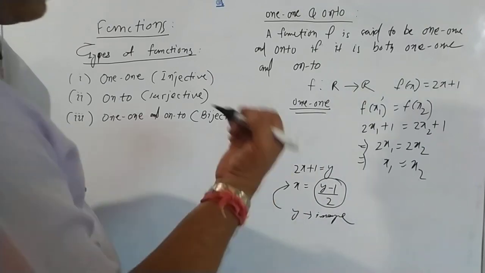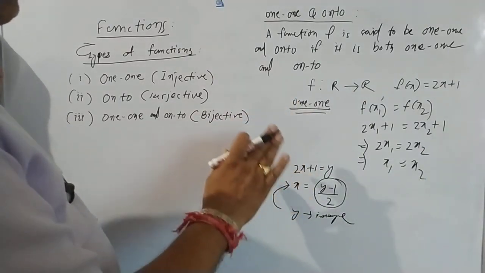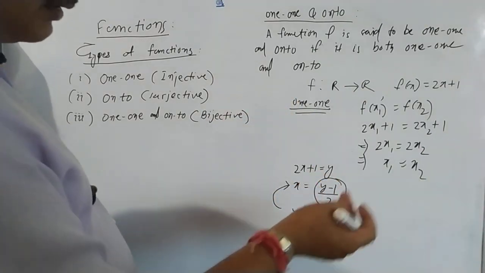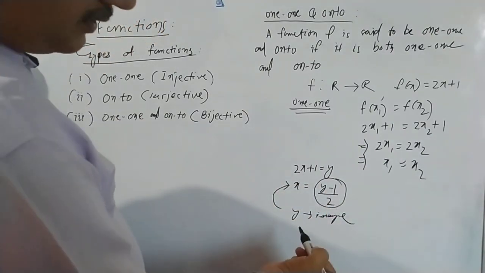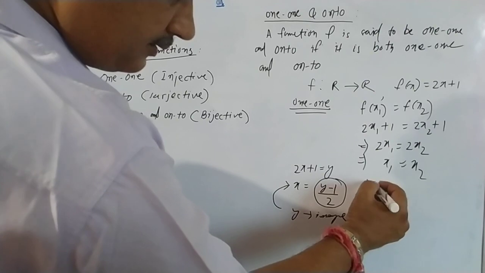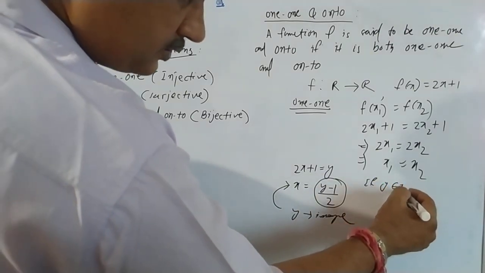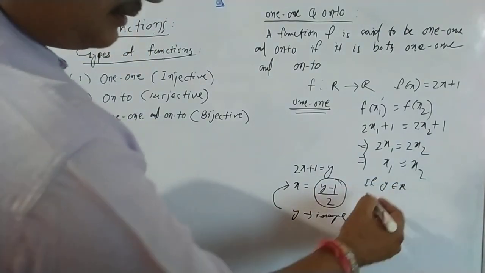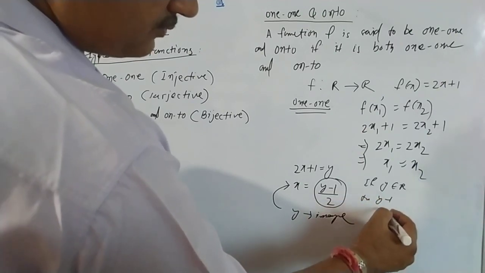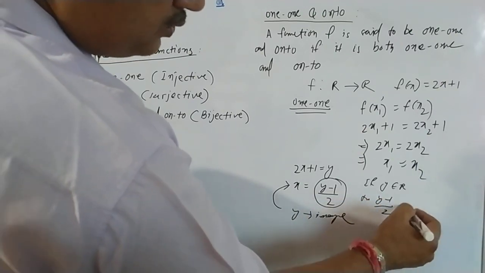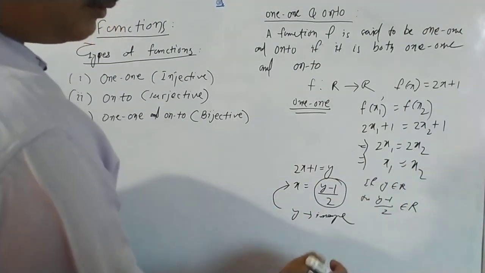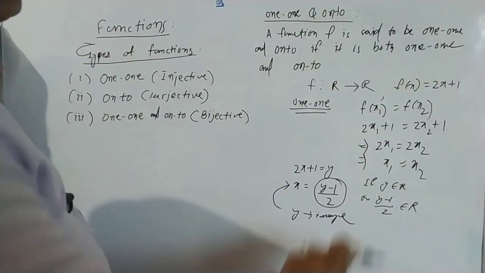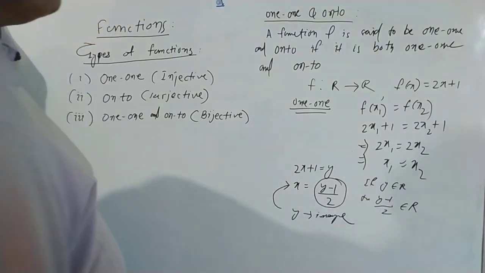So it is onto. While writing onto, you have to logically write that x is equal to this. If y belongs to R, then (y minus 1) by 2 also belongs to R, because if y is a real number, y minus 1 is also a real number, and (y minus 1) by 2 is also a real number.